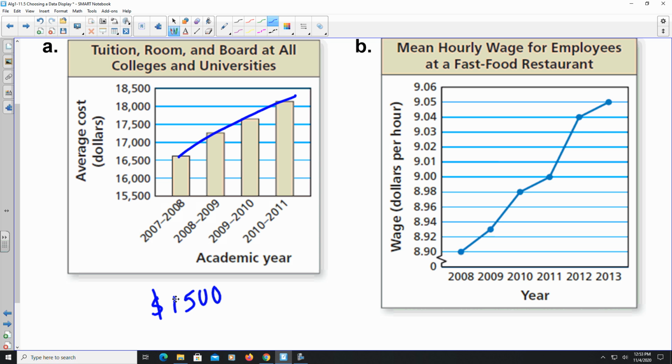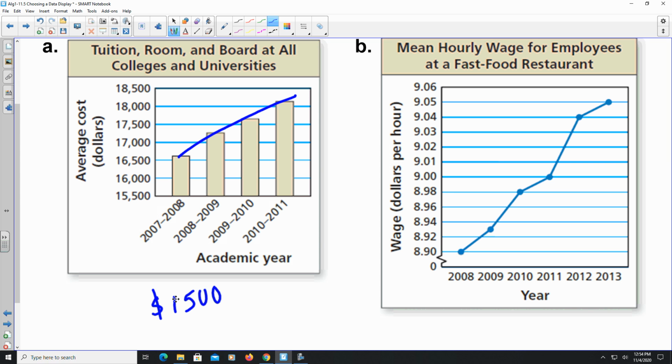If you tied that into percentages, that was only an increase of maybe 9%. It's not that big of an increase as the graph maybe represents.